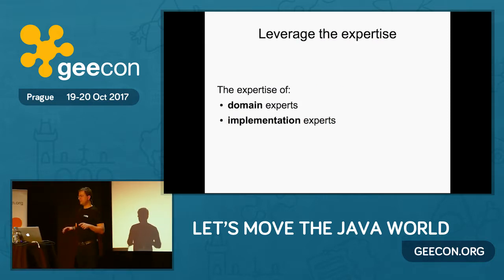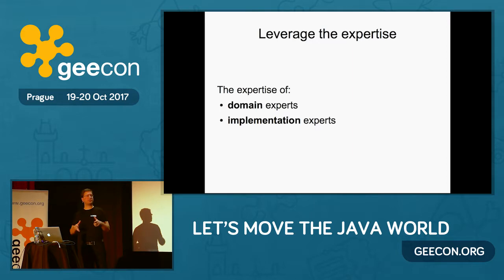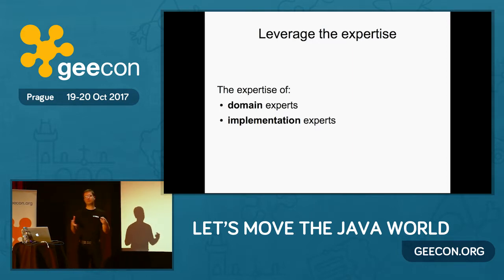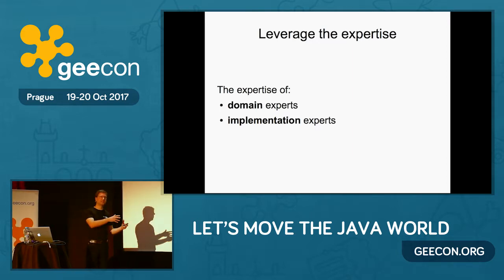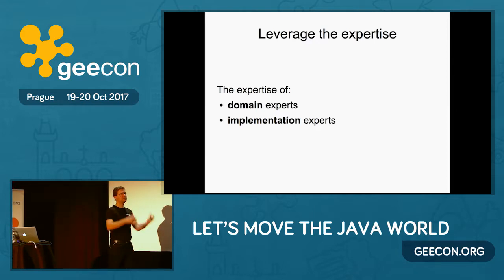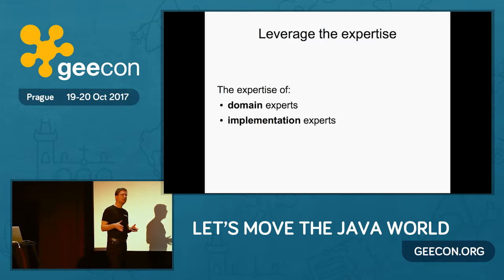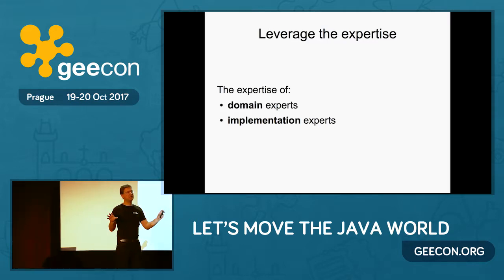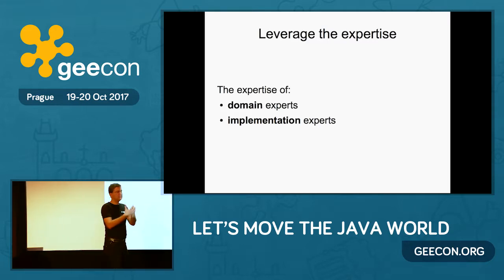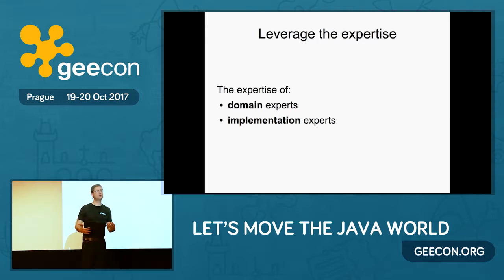Well, and the third, and I think most importantly, you can leverage the expertise of your people, both the domain experts who understand the business and also the programmers who know how to implement that business in code. Because now you separate the two things. It's not like both mixed in one chunk of Java or C code, but it's separated. So the knowledge of your domain experts or the legal experts is contained in a language that resembles law.